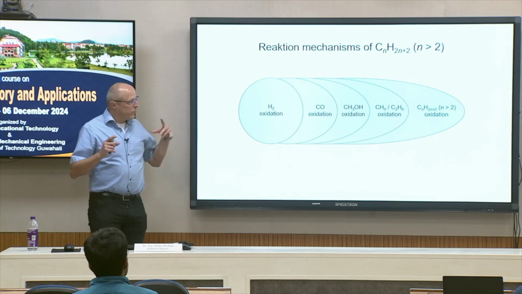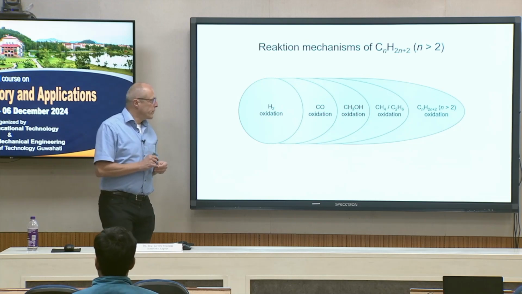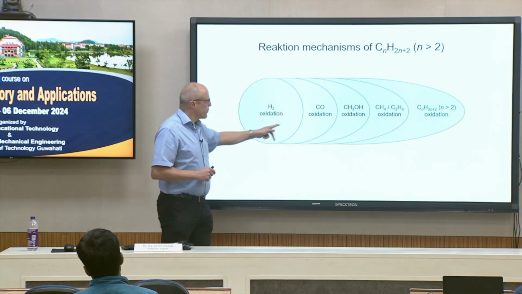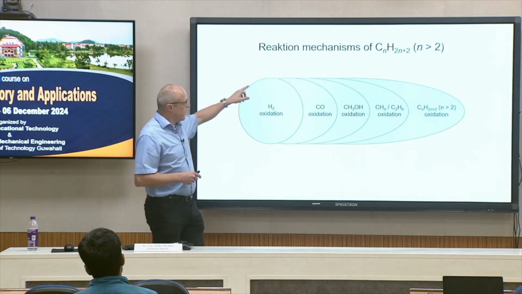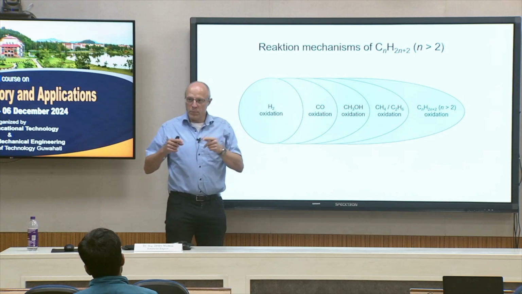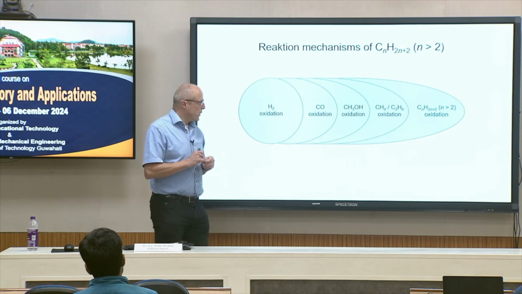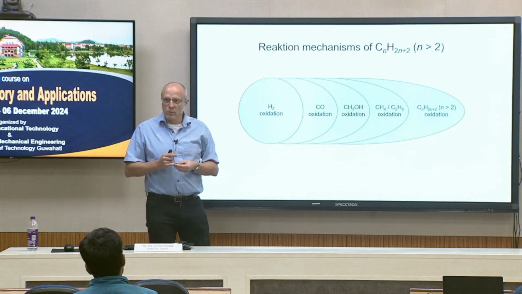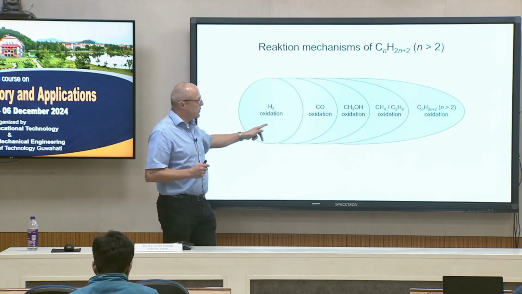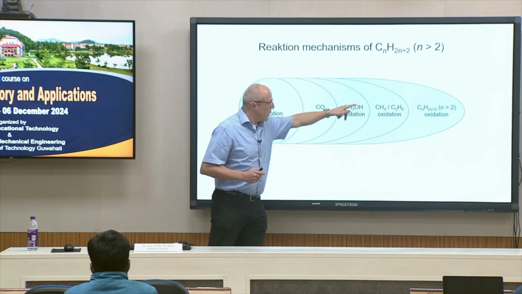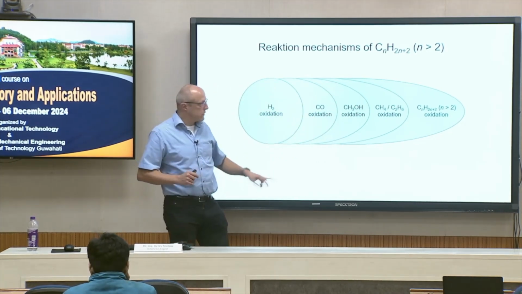So when we summarize the chemistry part we have discussed today, we have H2 oxidation. If we look, for example, at CO plus hydrogen or traces of water, we have CO oxidation plus H2 oxidation. Then we have this methanol oxidation, this formaldehyde part we have discussed.